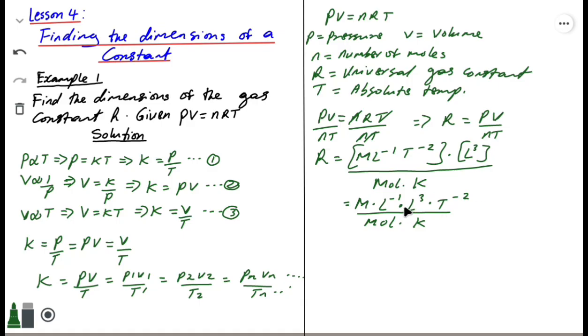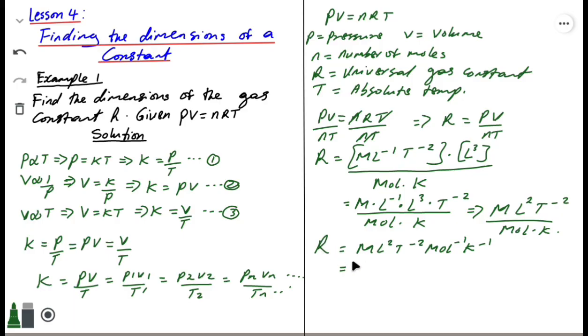For the product law, we add up the powers, and we have ML raised to the power of minus 1 plus 3. Minus 1 plus 3 gives 2, multiplied by T raised to the power of minus 2 over mole Kelvin. We can re-express this as ML raised to the power of 2 T raised to the power of minus 2 per mole per Kelvin.